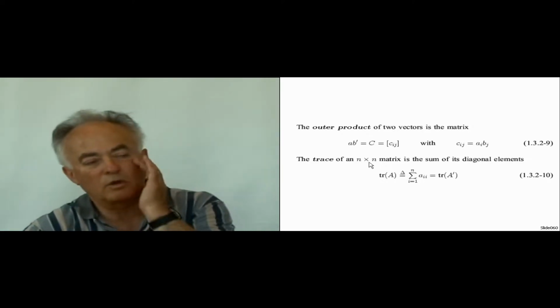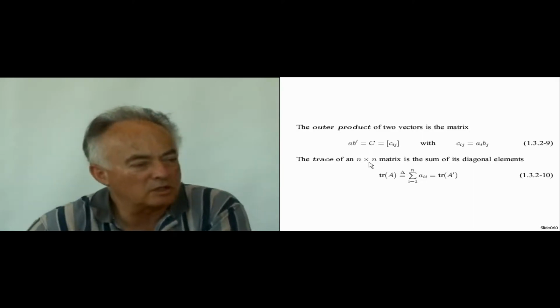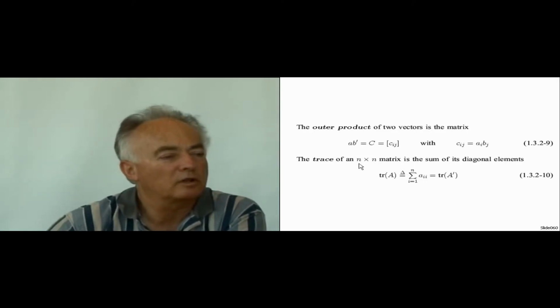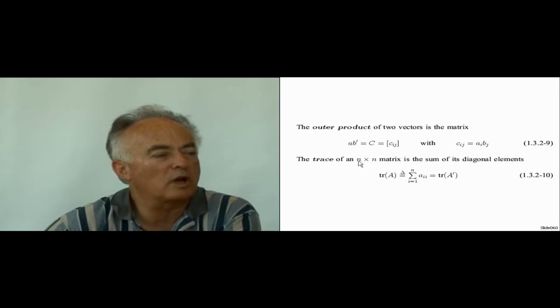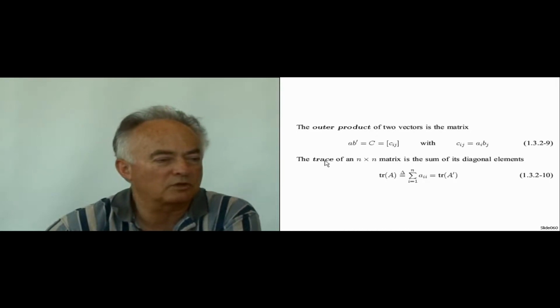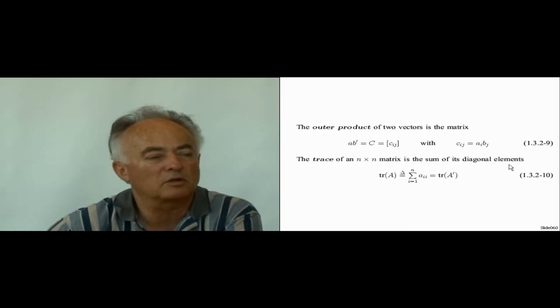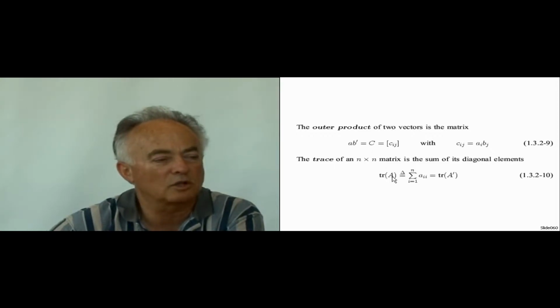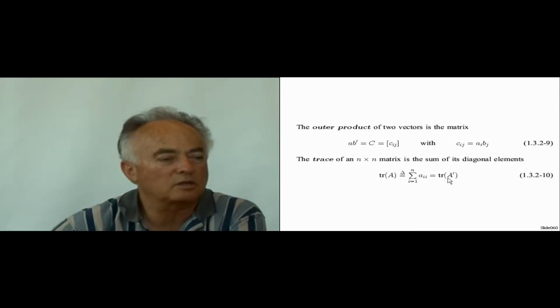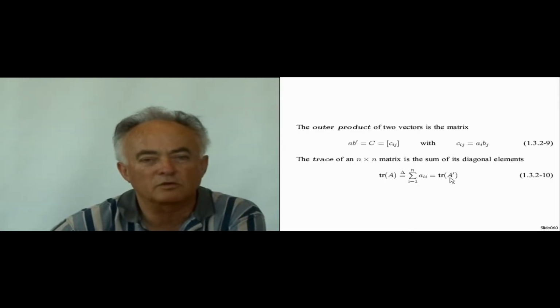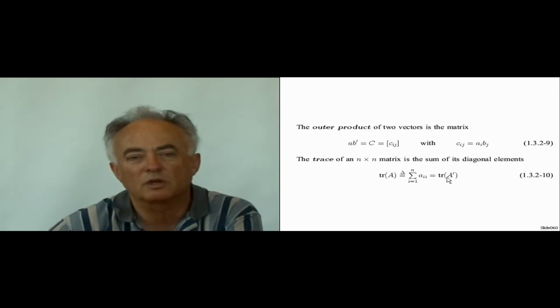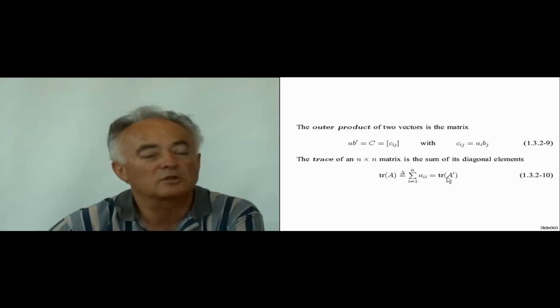Now, going back to a square matrix, let it have dimensions n by n, the trace of such a matrix would be the sum of its diagonal elements. So the trace of the matrix A is the sum of Aii, i going from 1 to n, and it is the same as the trace of the transposed version of the same matrix because the diagonal elements stay the same.